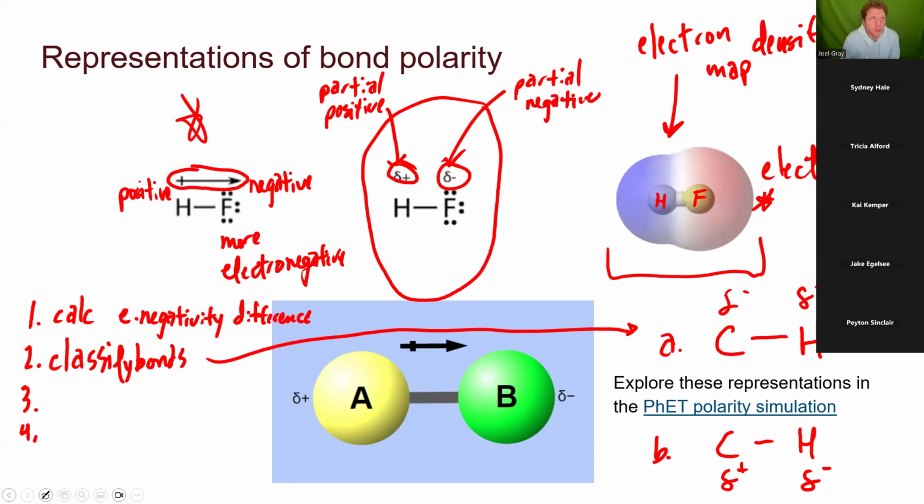Basically, which one assigns the partial negative to the more electronegative element correctly? Is it A or B? Add that to the chat. As your model, before you answer it, you can look at this one up here. Which is our most electronegative element? This one right here. So use that as your guide. Is it A or is it B?